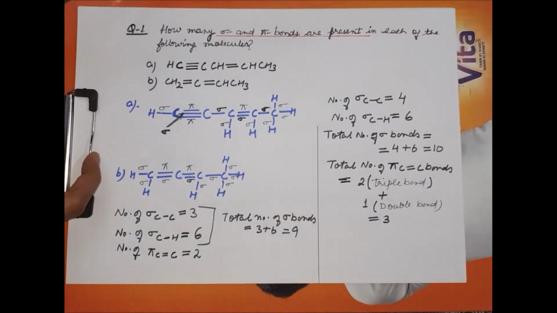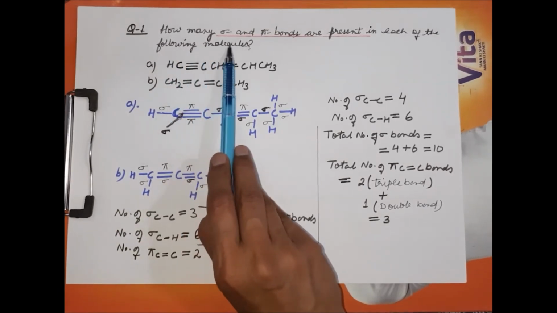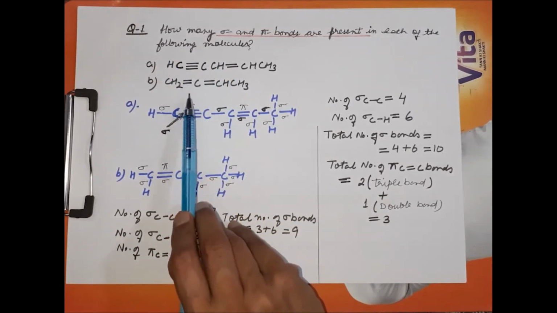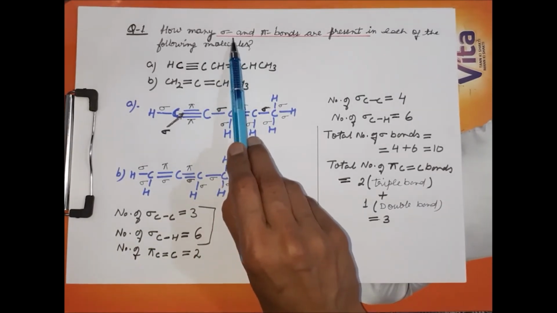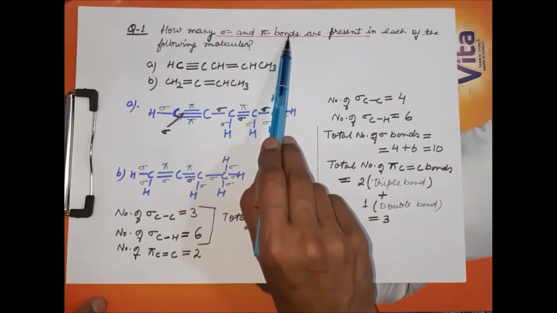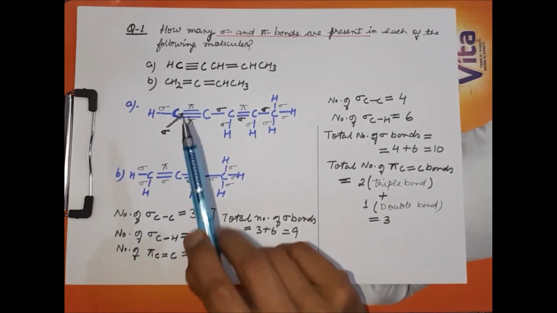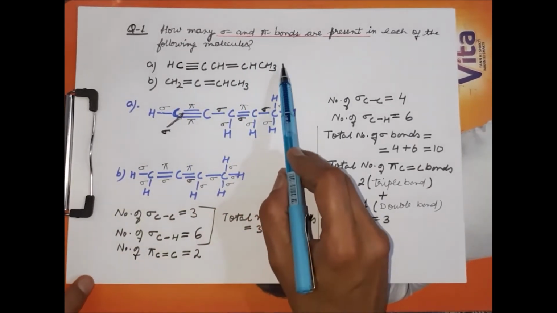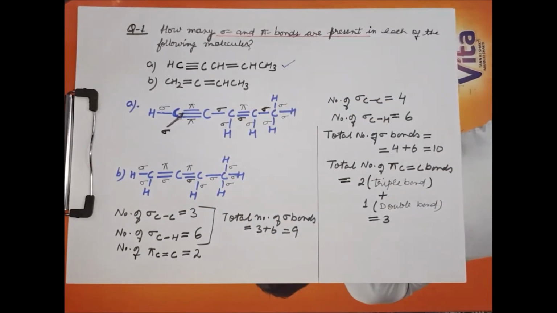So we can understand this with the help of a few examples. This is the first question. These molecules are given here and we have to find out the number of sigma and pi bonds in these molecules. So first is this example A. For this we can write it in an expanded form.